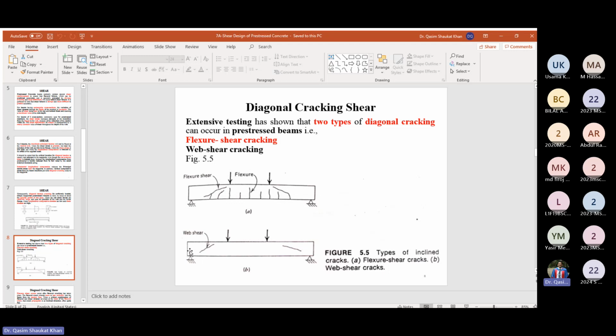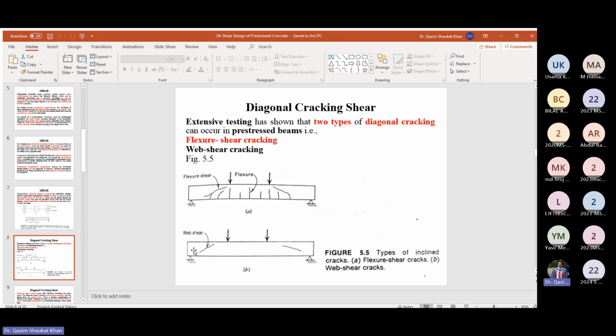Because in case of pre-stressing, the pre-stressing produces compressive stresses at the bottom. The compressive stresses are high and the moment near the supports is small, so it results in smaller tensile stresses.